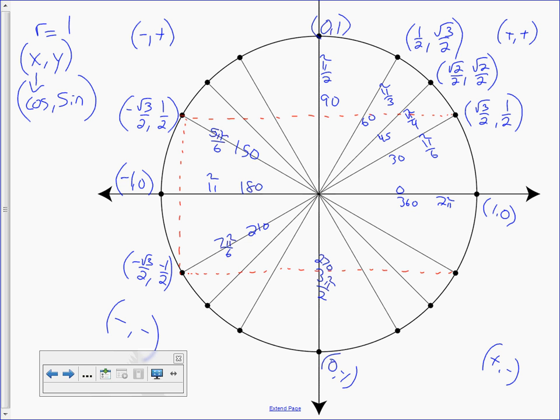So now I'm in the third quadrant, which means my reference angle is 30 degrees off of 360. So that's 330 and 11 pi over 6. Fourth quadrant has a positive x value, so it's got a positive cosine and a negative sine.